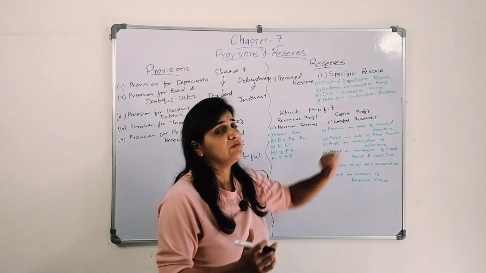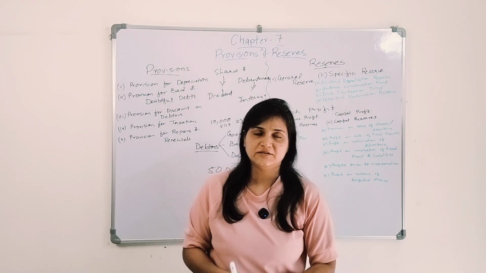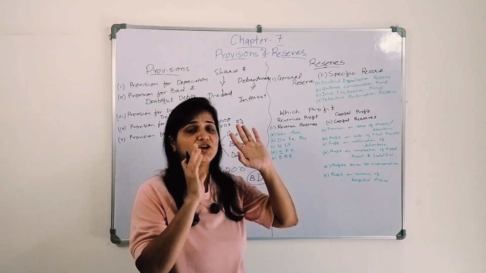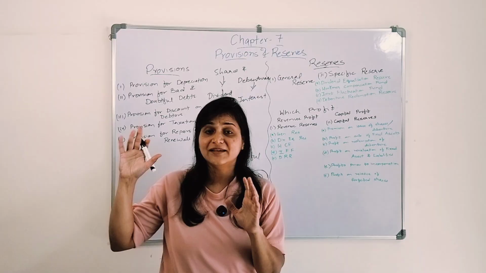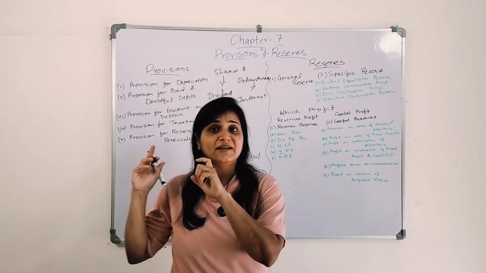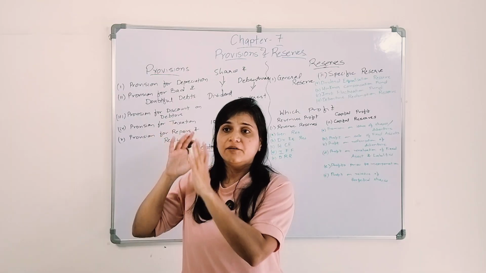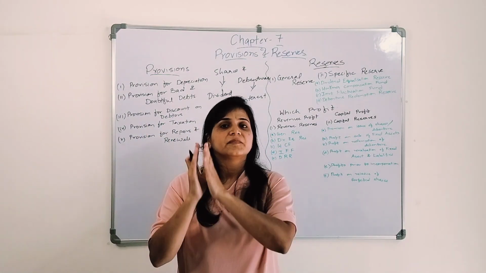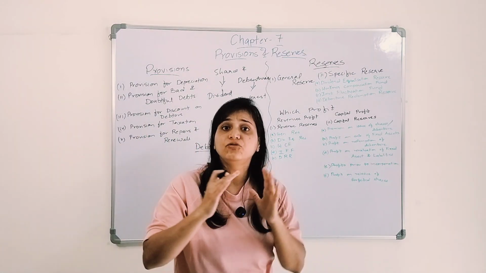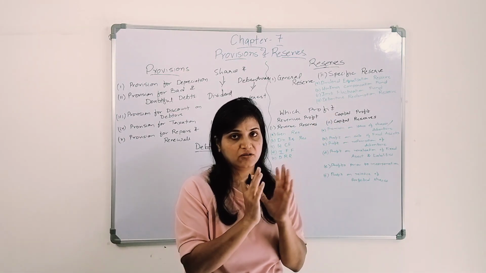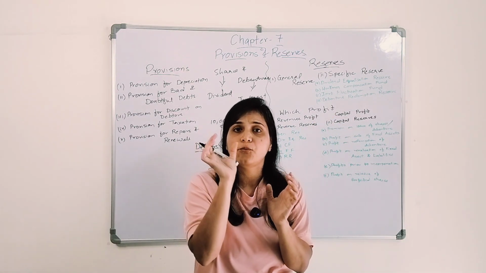First is premium on issue of shares or debentures. Now what is premium? When they are issuing, there are guidelines by SEBI, the Securities and Exchange Board of India. There is a board which regulates all these things, and they have to comply with it. Now they are issuing shares or debentures, which have a certain value.